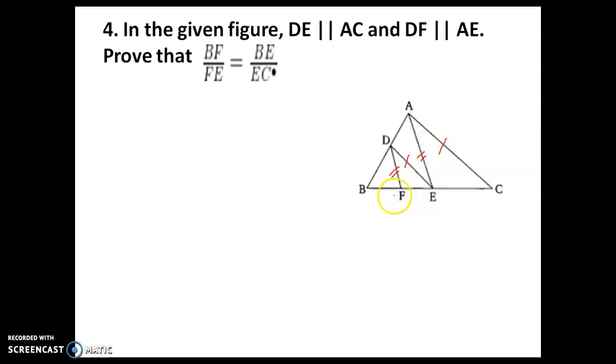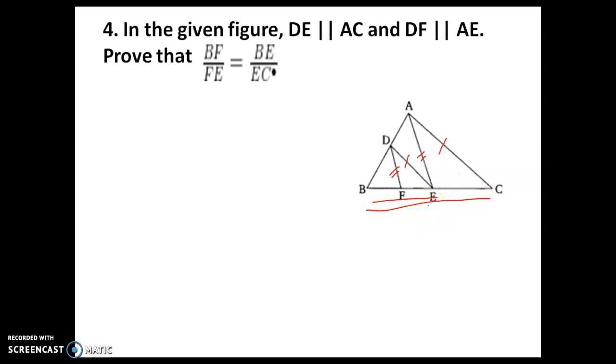So what we have to prove now? The ratio BF by FE is equal to BE by EC. This full ratio we have to prove now.